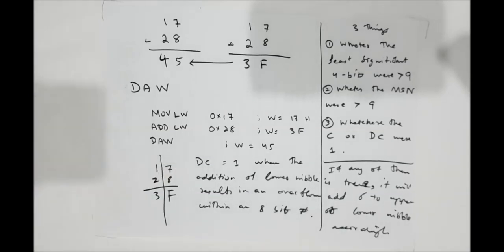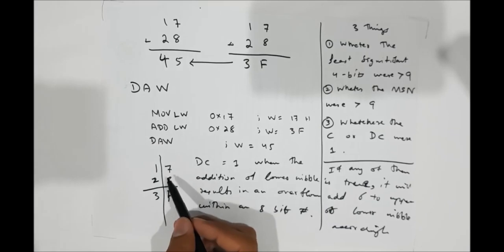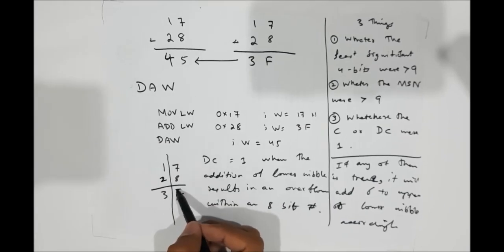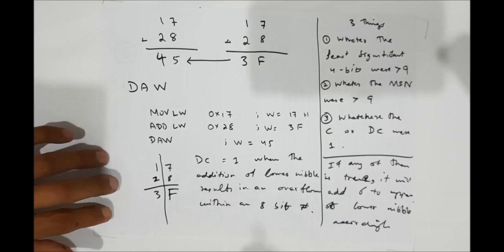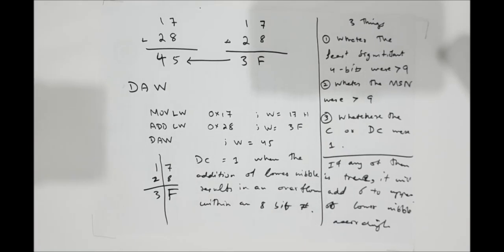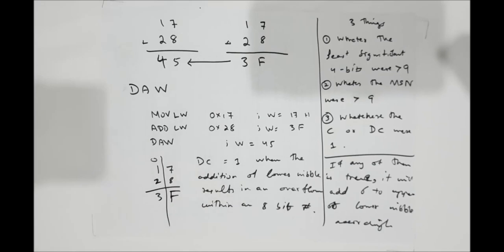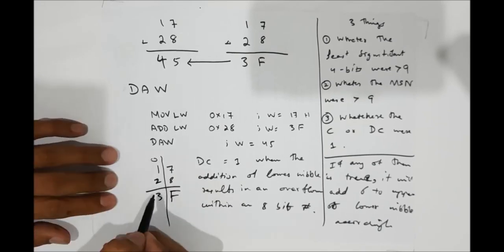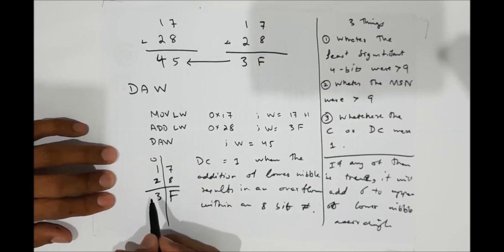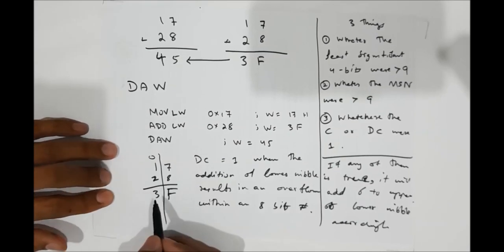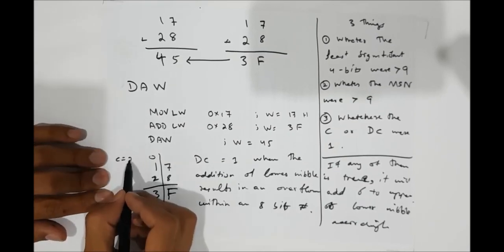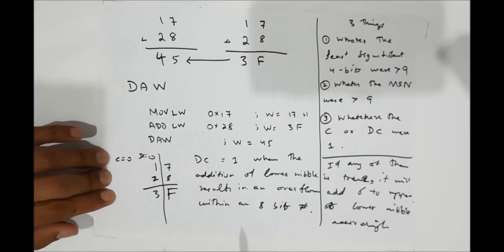In this case, there was no overflow. 7 plus 8 is 15, that is F. So F can be represented by a single 4-bit number, so the digital carry is 0. Also, 2 plus 1 is equal to 3, plus 0 is 3. So 3 can be represented by a single 4-bit number and the carry is equal to 0.